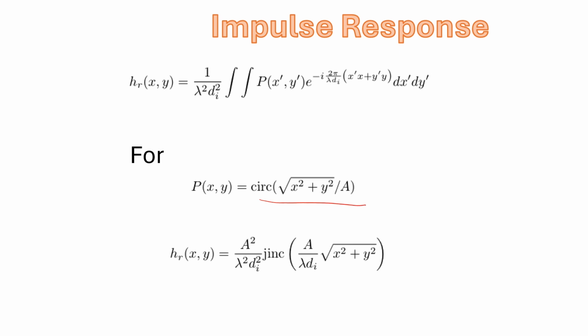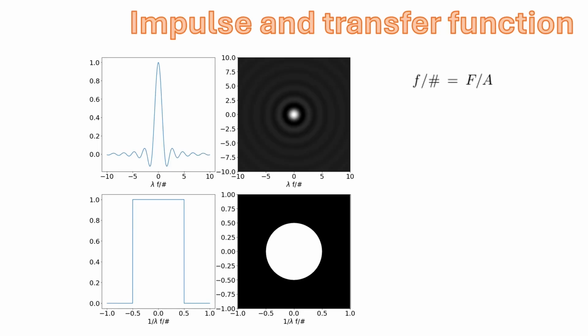So the impulse response is going to be the Fourier transform of this circular pupil, which is the jinc function, scaled by appropriate coordinates to manage our energy conservation. Here's a plot at the bottom of what the pupil function might look like. The pupil function is 1 from minus a over 2 to a over 2, and then 0 outside that region.